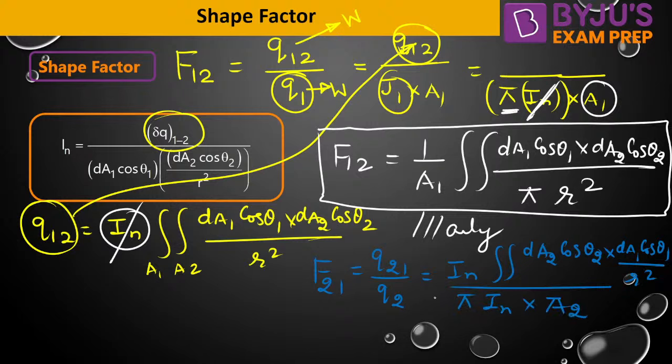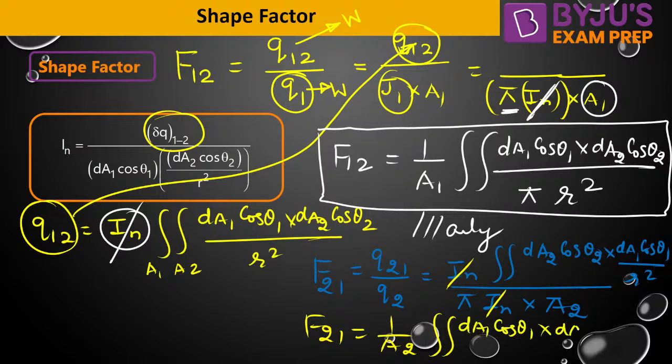I hope this is clear. Then we can have In and In getting cancelled out. So F2 to 1 is nothing but 1 upon A2, then double integration, again of dA1 cos theta 1 into dA2 cos theta 2 upon pi R square. Is this clear or not?